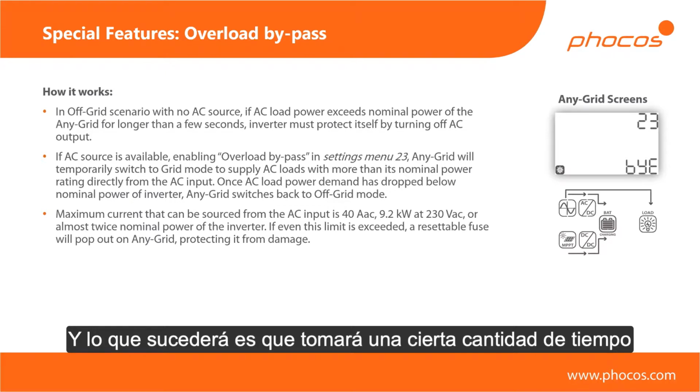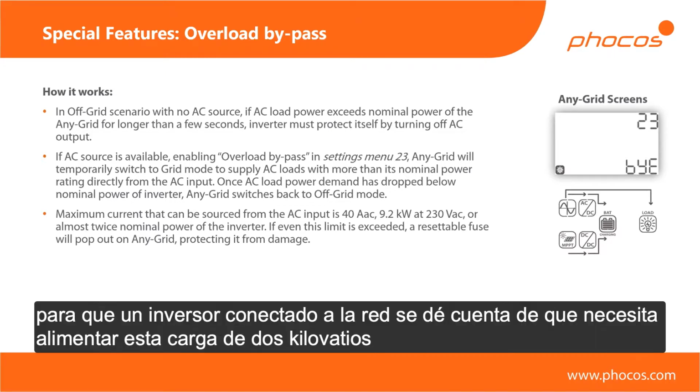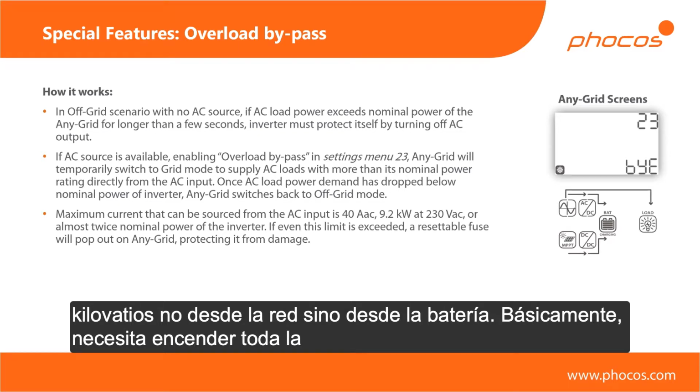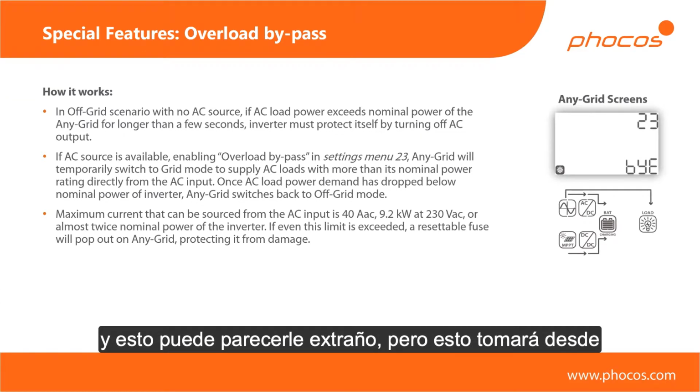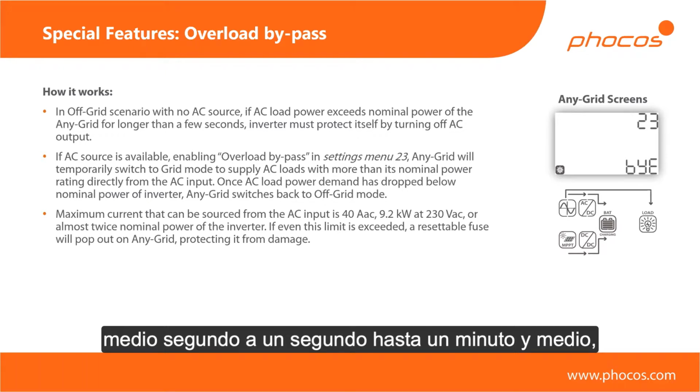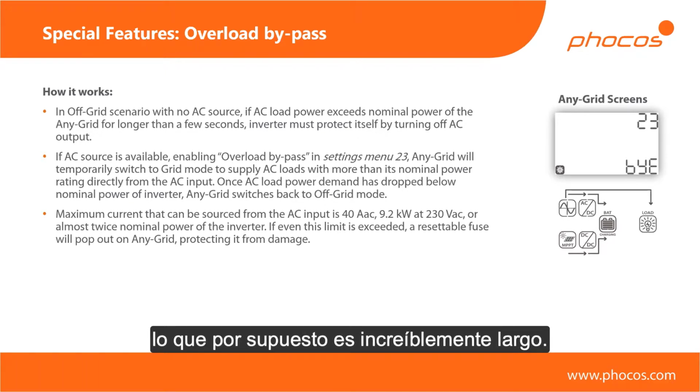And what will happen is it'll take a certain amount of time for a grid-connected inverter to realize that it needs to power this 2 kilowatt load, not from the grid, but instead from the battery. It needs to basically power up the whole conversion from your DC battery to the AC, etc. And this might seem strange to you, but this will take anywhere from half a second to a second up to 1.5 minutes, which is, of course, insanely long.